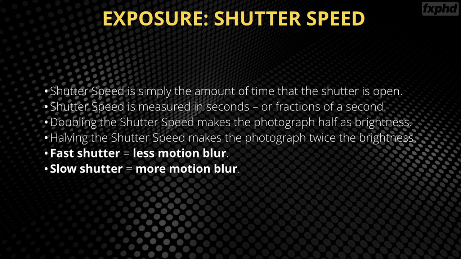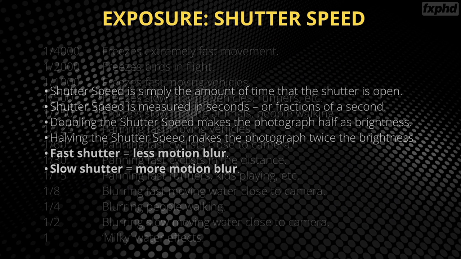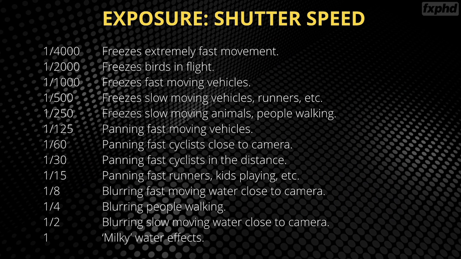Now, this also has implications on another area, and that area is motion blur. So if you have a fast shutter that opens and closes very quickly, you have less motion blur. But if you have a slow shutter, you get more motion blur. So these are some examples of some common shutter speeds and what you could do with them.